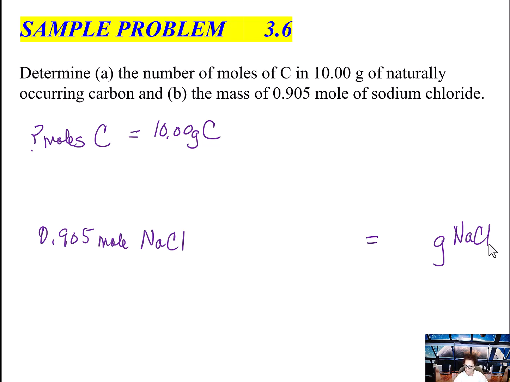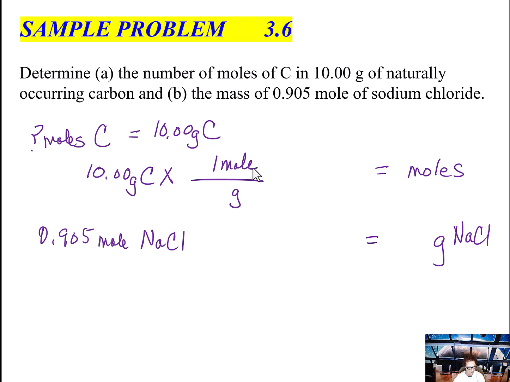In this particular one, I've got 10 grams of carbon, so I start with that. Now it wants moles, so over here I'm going to have moles. What is the relationship between grams and moles? Well, I know that the atomic mass or molar mass is the number of grams in 1 mole.